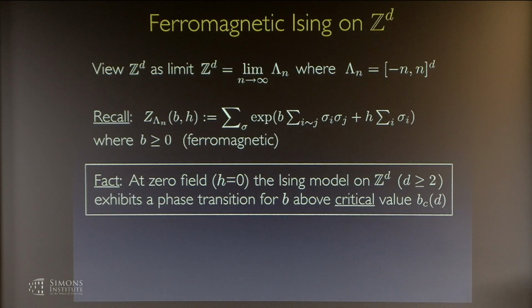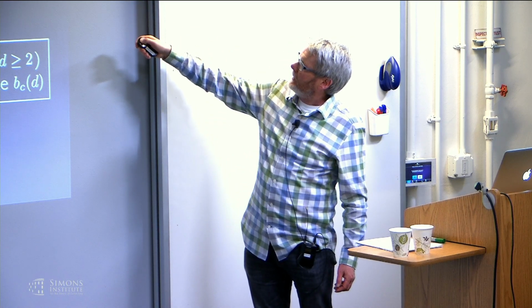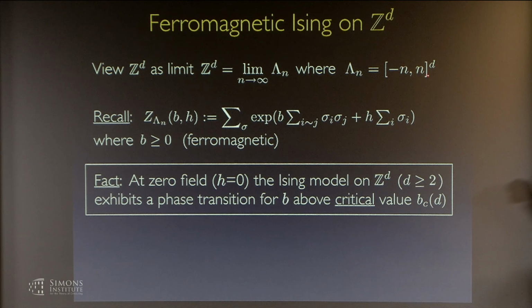Okay, so let's look at this in the case of the Ising model, a special case on the infinite d-dimensional Cartesian lattice, Z^d. And we're going to look at this as the limit of finite graphs, a limit of boxes minus n to n to the d.